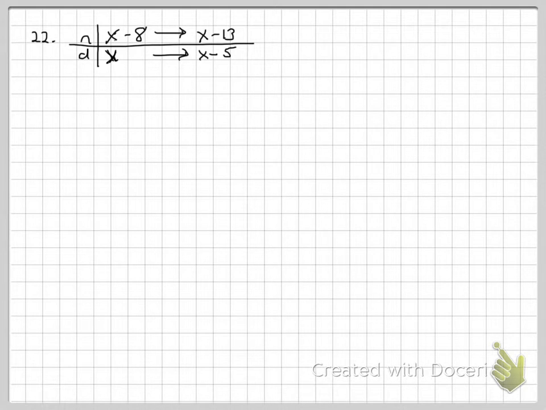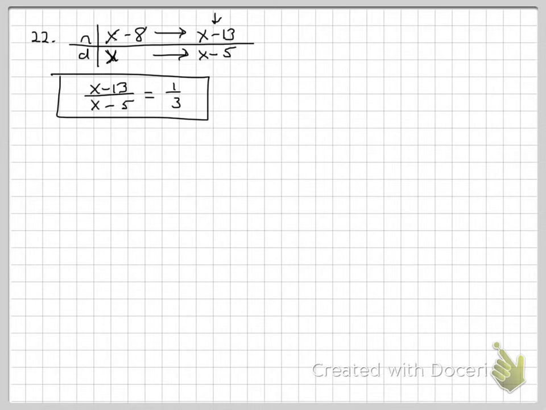It says if each term of the fraction is decreased by 5, which I've done, I've shown those here. The resulting fraction, a numerator over a denominator, equals 1/3. And that's my equation. And then go ahead and solve it.